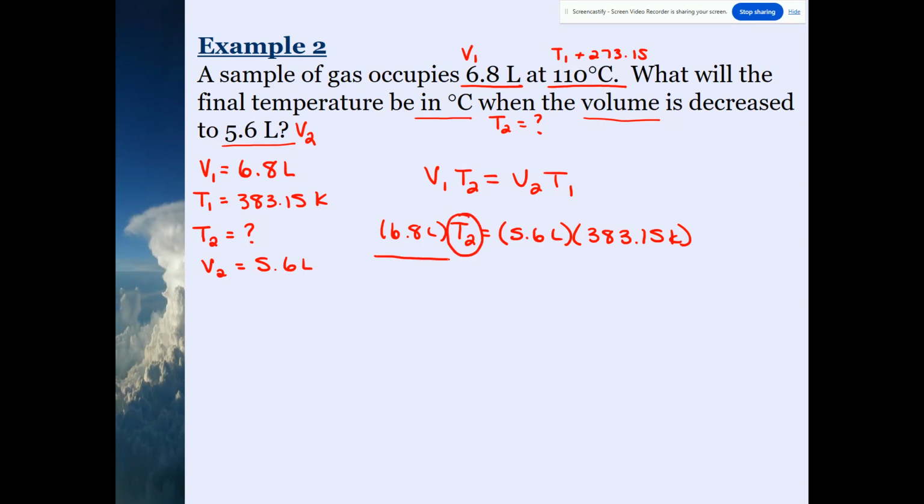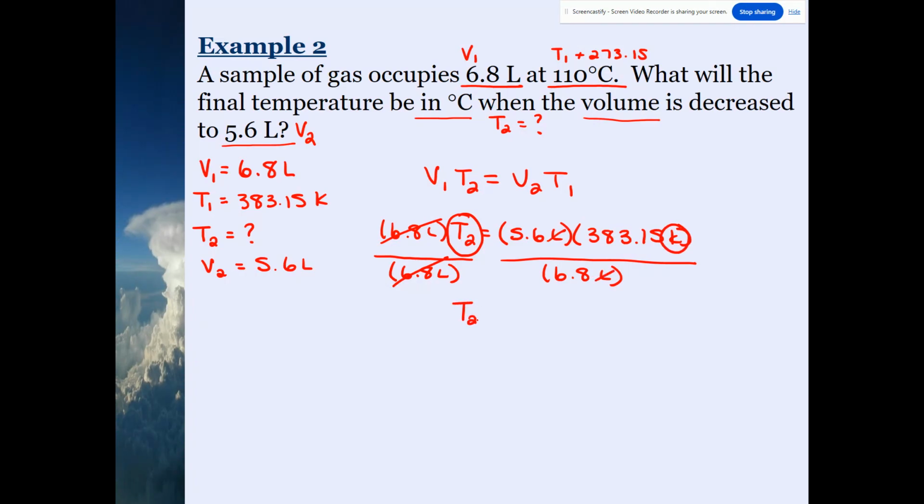So it's multiplied by 6.8 liters. So I have to divide both sides by 6.8 liters. So my 6.8 liters cancels there. And we're left with T2 equals 5.6 times 383.15 divided by 6.8. Okay, my liters cancel and we're left with kelvins.